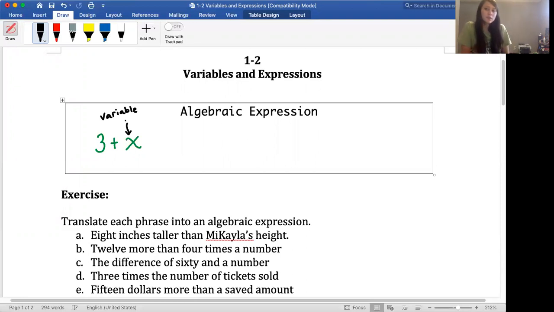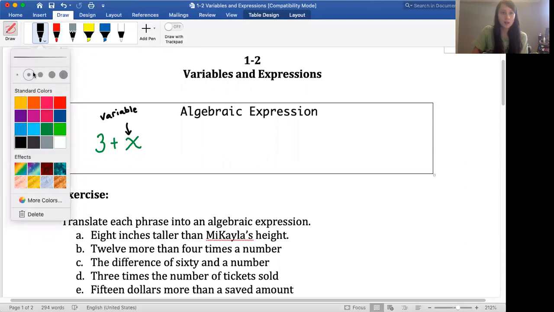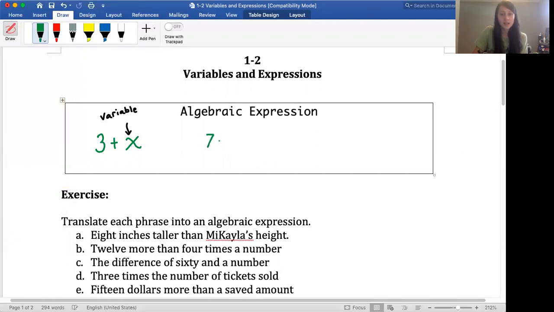So I'm just going to give a few examples of some algebraic expressions that we might see. We might see an addition expression, right? 3 plus a number, or 3 plus x. Or we could say 7a.